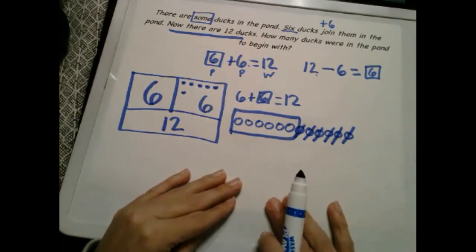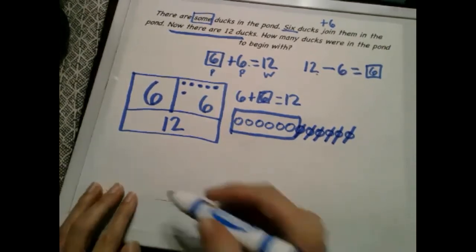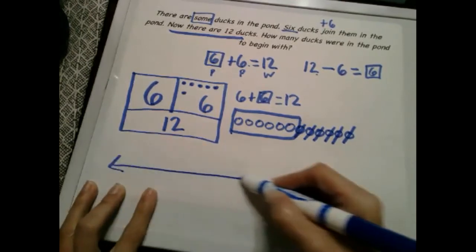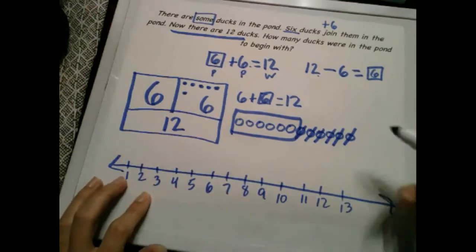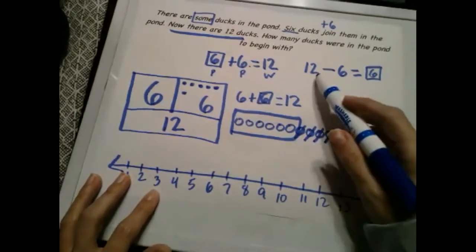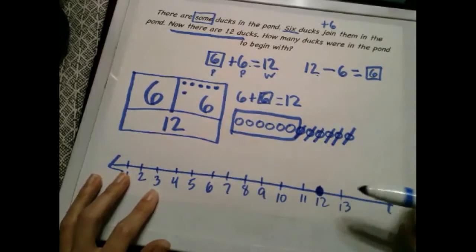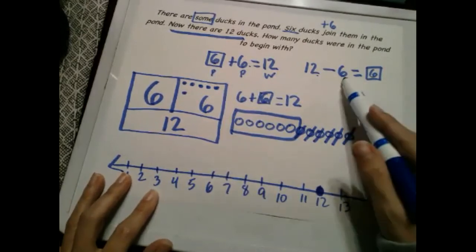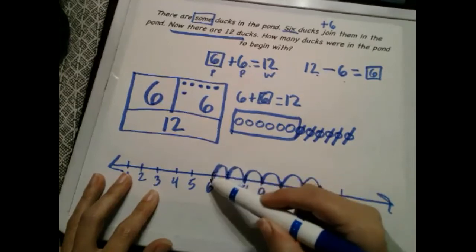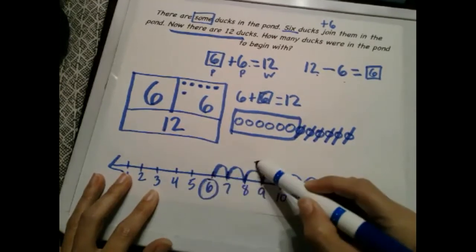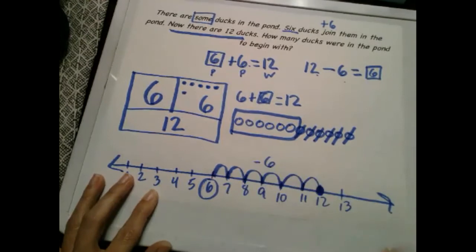Great thinking, mathematicians. As always, you can also show your thinking on a number line. I would start at 12. I would minus the part that I know, which is 6. 1, 2, 3, 4, 5, 6. And that leaves me with 6.